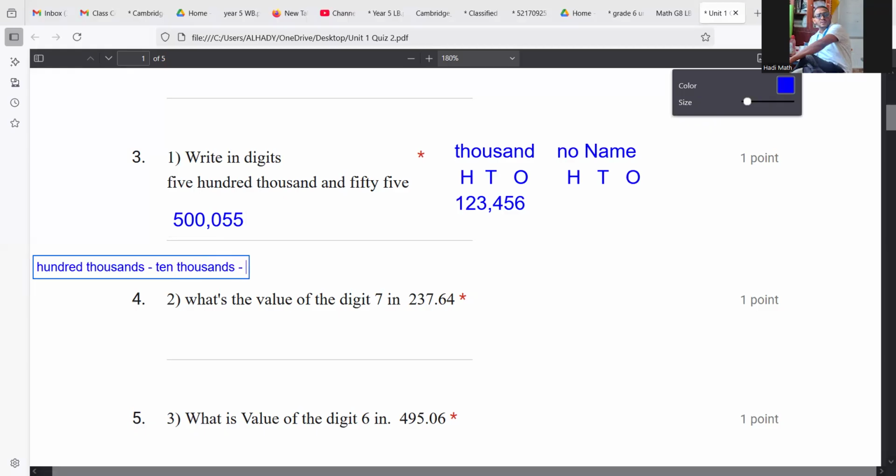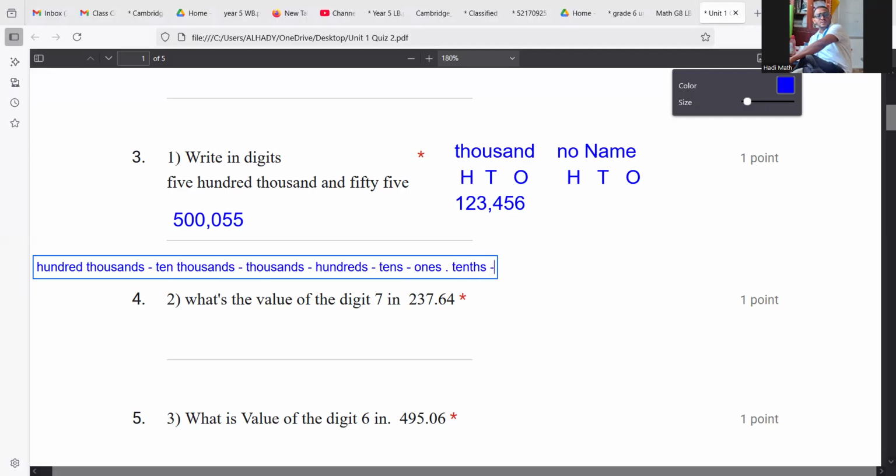Then we have thousands. Then we have hundreds. Then we have tens. Then we have ones. Then we have a decimal point. The first digit after the decimal point on the right, you call it tenths.